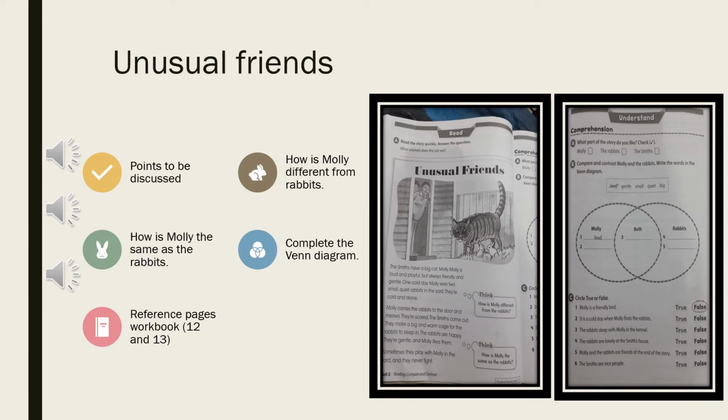They are scared. The Smiths came out. They make a big and warm cage for the rabbits to sleep in. The rabbits are happy. They are gentle and Molly likes them. Sometimes they play with Molly in the yard and they never fight.